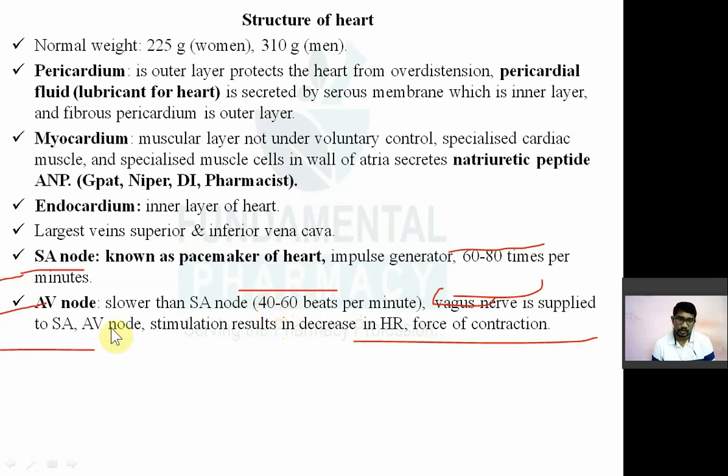Okay, so SA node is known as the pacemaker. AV node is secondary. The main function of impulse generation is of SA node, and impulse conduction is done by AV node and Purkinje fibers and all that. There is one specialty of your cardiac muscle and cardiac cells. Other muscle cells or other cells do not have the capacity to generate an impulse, but your cardiac cells or cardiac muscle cells have the capacity to generate an electrical impulse.